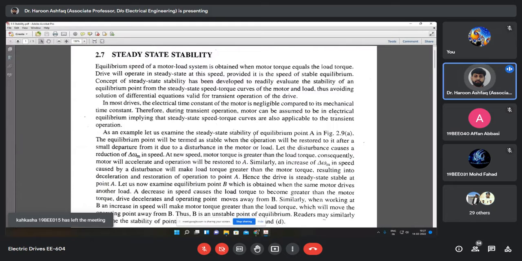What is the difference between stability and equilibrium? Stability always involves a disturbance. That means if you have to check stability, you will have to give the system a small disturbance. Obviously, nothing can bear a very large disturbance, there is a limit.